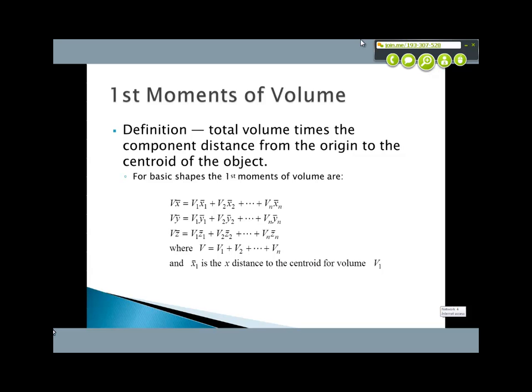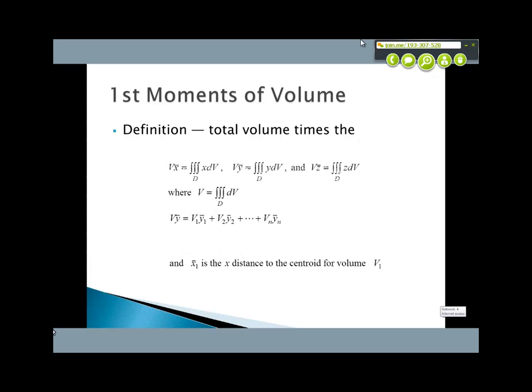And those are then equal to the total volume, V1 plus V2 plus up to Vn, times X bar, Y bar, Z bar, which is the center of mass. And so that's the definition of the first moment of volume if it were a discrete problem.